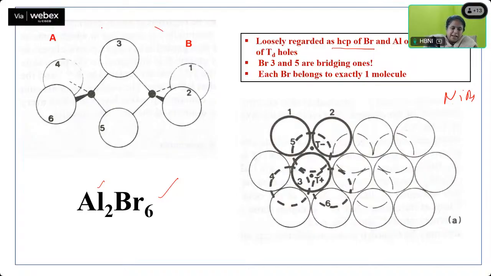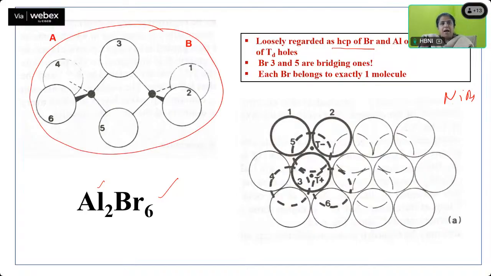So it is like this: a molecule of Al2Br6, and this molecule is loosely bound to another molecule. So it is based on HCP, but it is a molecular structure.